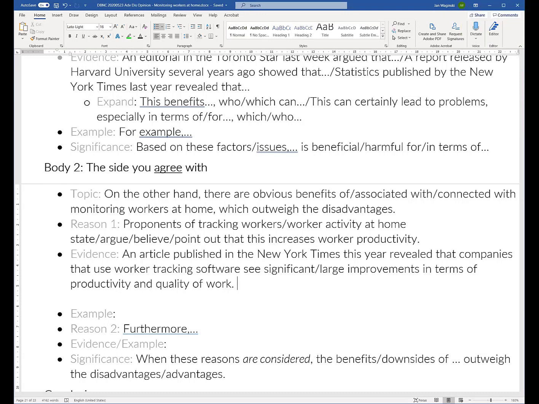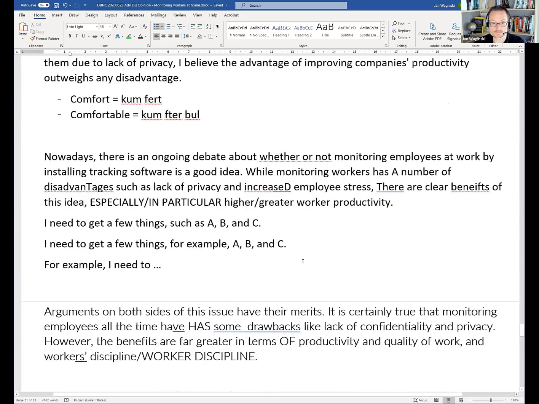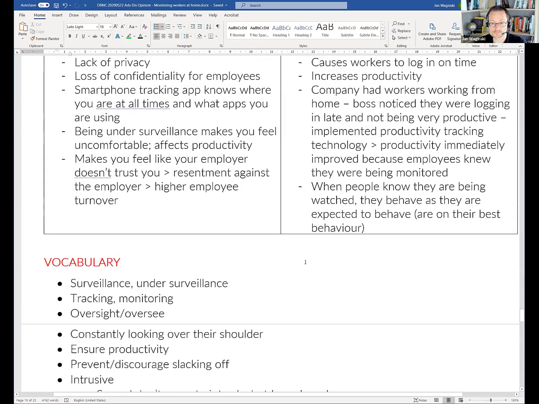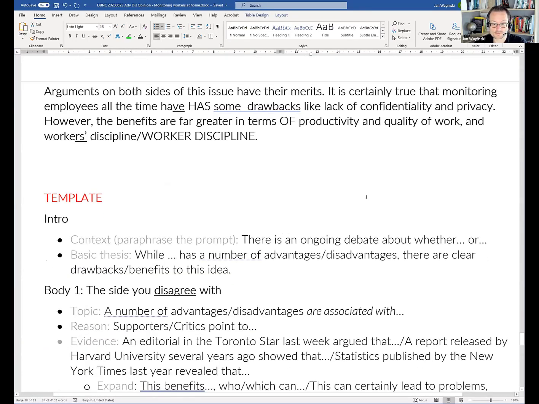Okay. So in that article, what was revealed about companies that don't use this tracking software? There's that one very specific example of the, oh, we've got it right here. Hang on. Let's just copy.